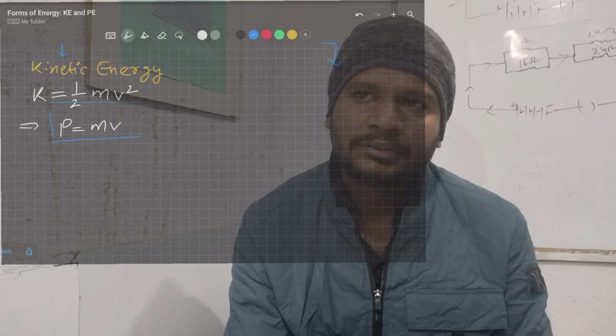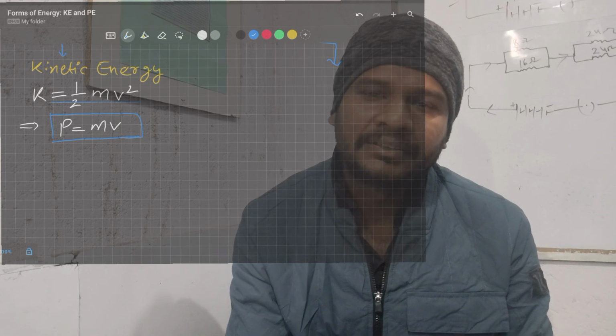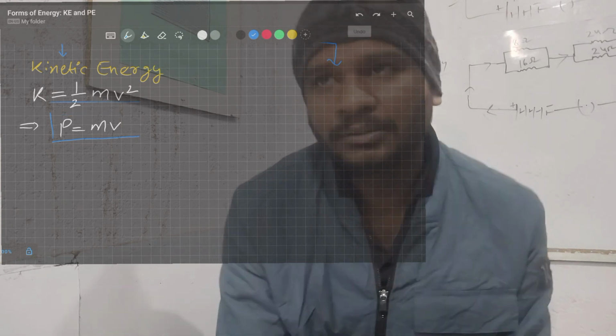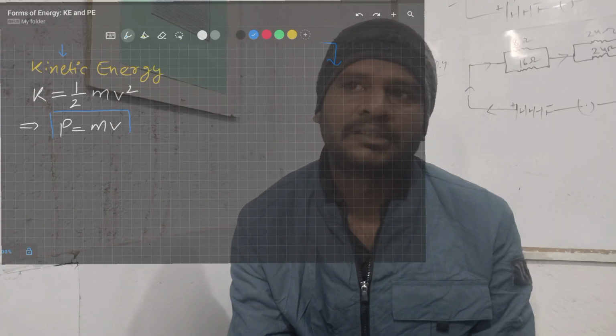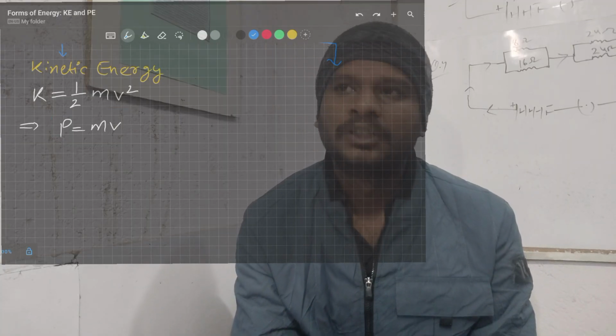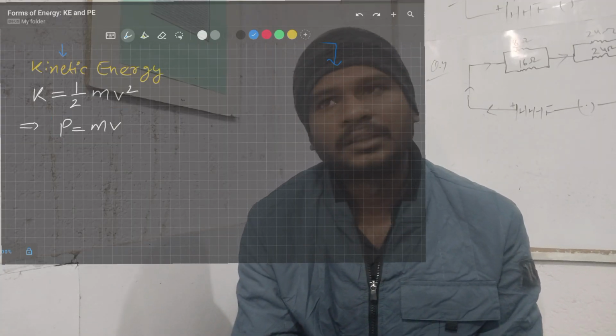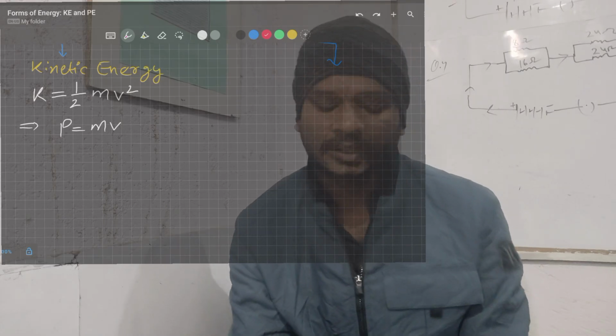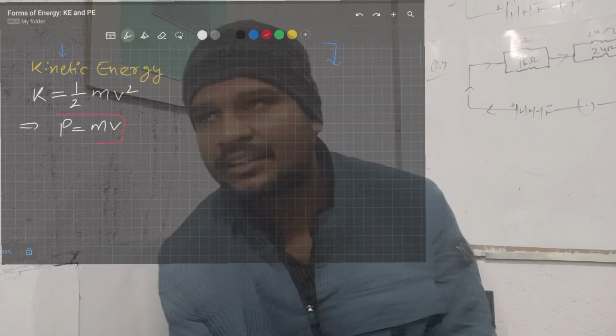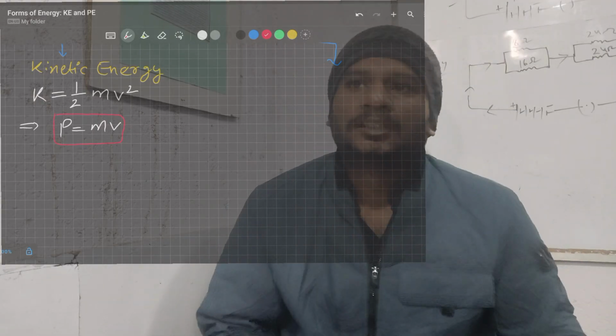If you want the relation of kinetic energy with momentum, what is momentum? I think I didn't discuss it yet. Momentum is nothing but the product of mass and velocity. It is also a vector quantity, with the same direction as the velocity vector.